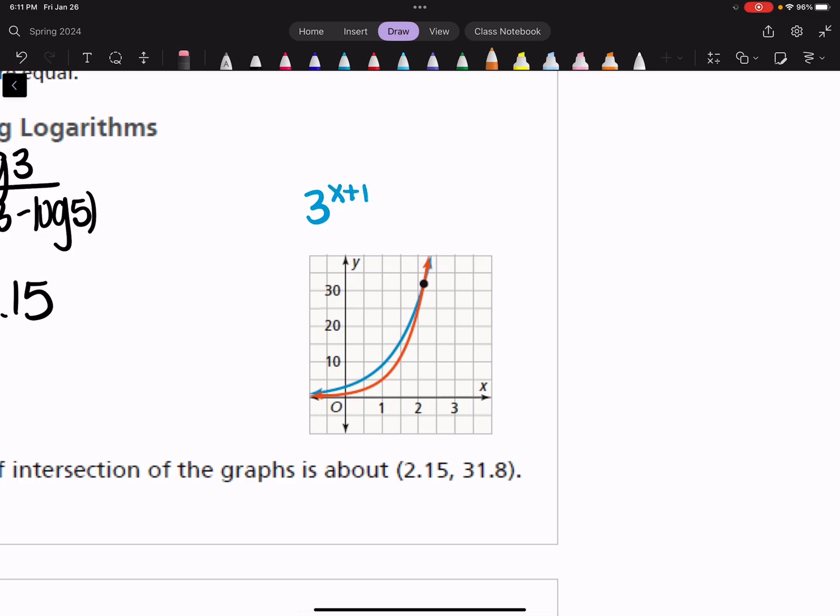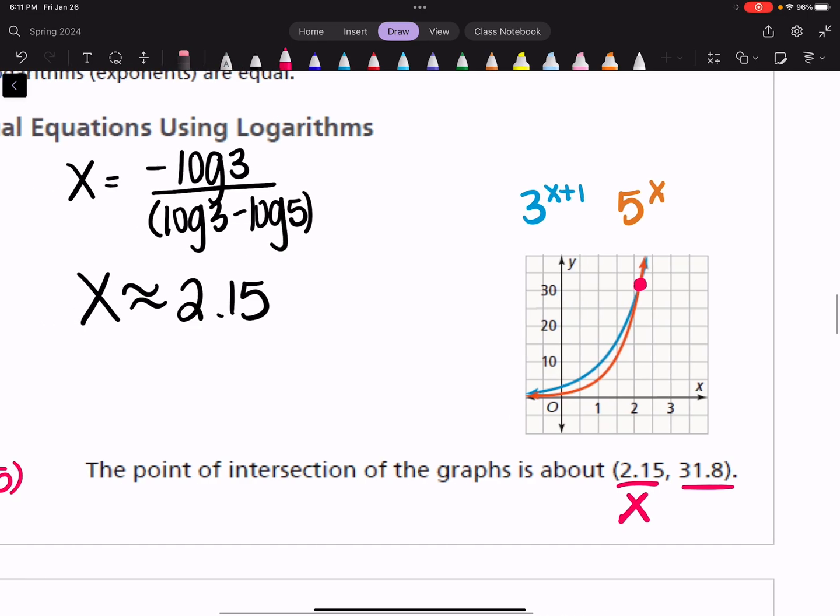And our orange equation is 5 to the power of x. So if we look at their intersection point, it is 2.15, comma 31.8, and that x coordinate matches what we solved for algebraically. So it's just another way to check our solution.